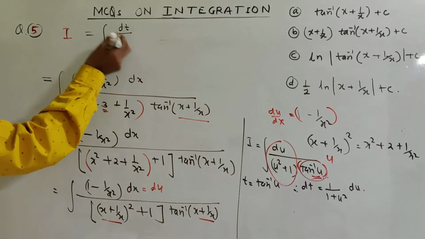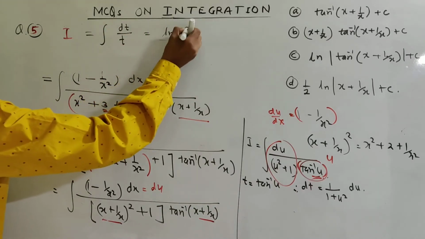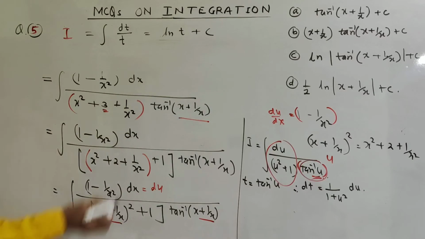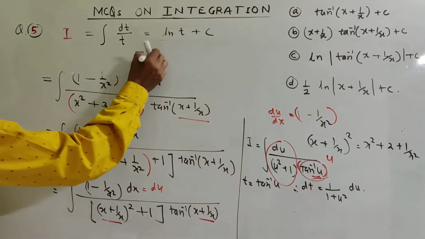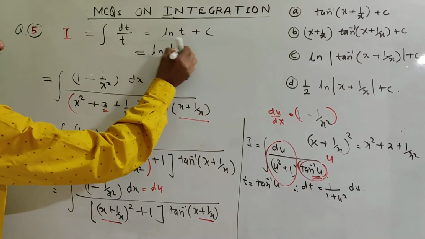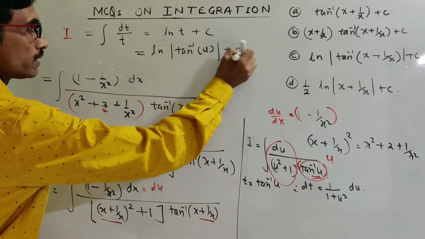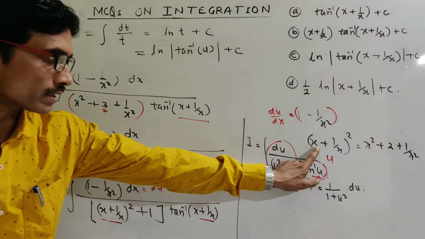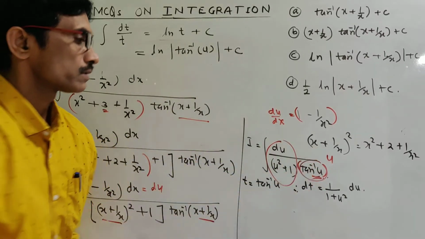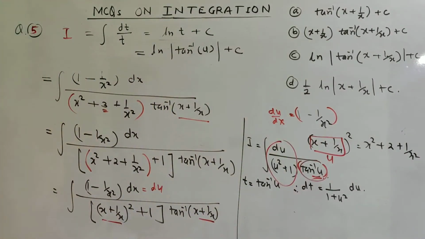So dt upon t is log of t plus c, and t is tan inverse of u. So it is log of tan inverse of u plus c, but our u is x + 1/x.